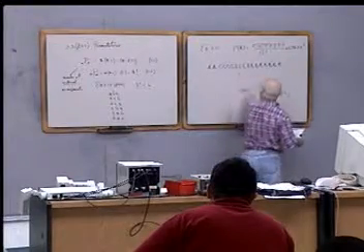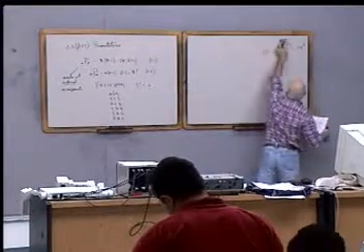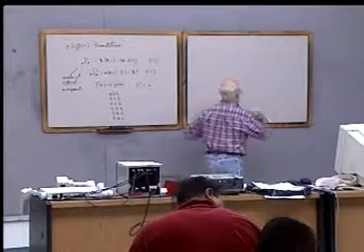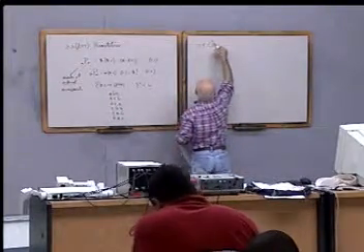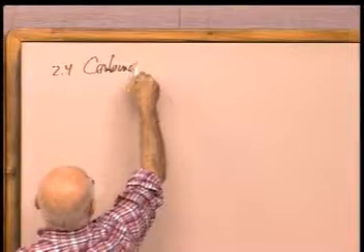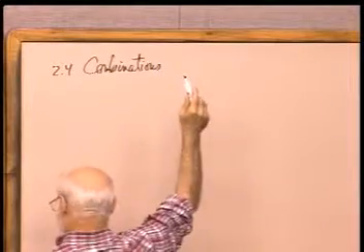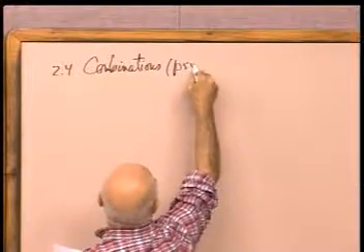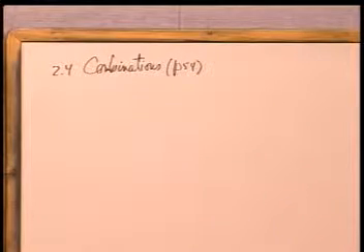So I'm up to section 2.4. Combinations. And this is on page 54. And he has a definition for combinations just like he has for permutations.